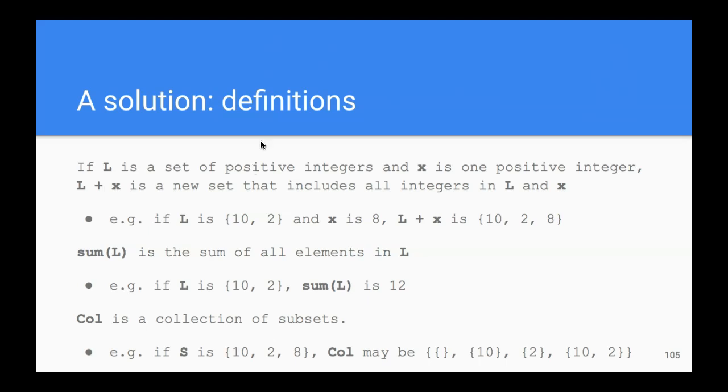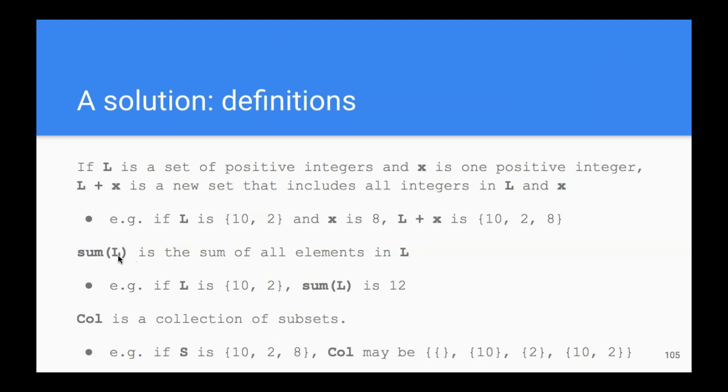One of the things we'll need is that if L represents a set of positive integers and X is just a single one, then when we say L plus X, it really means a subset that includes all the integers that were in L and also the new integer X. So here, if L is 10 and 2, X is 8, L plus X is 10, 2, and 8. All right, that should be pretty straightforward.